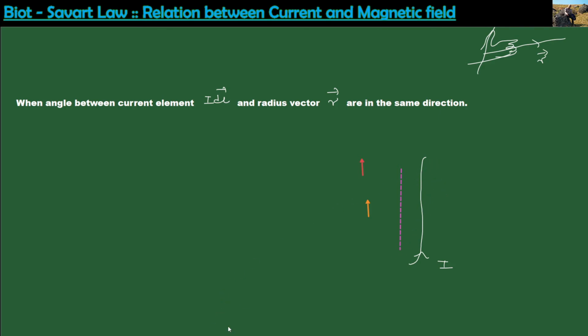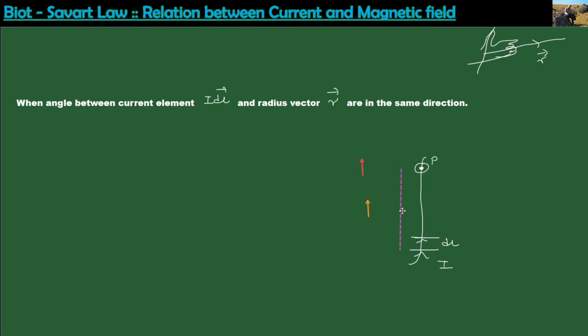Then we take the point P along the direction. If I take this element as our DL element, then our IDL also will be in this direction.